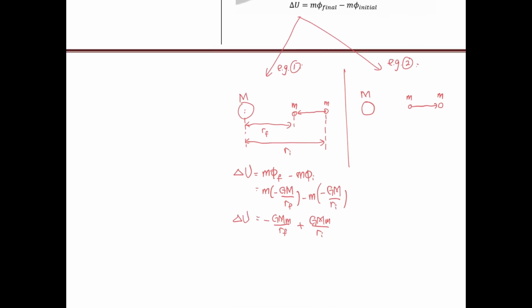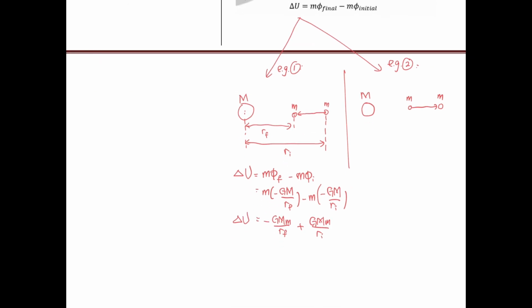Okay. What I am planning to let you see is I want you to predict whether this is going to be a negative value or a positive value. So imagine R final is small, R initial is big. So you have to imagine whether you will get a positive answer or negative answer in this case. So if R initial is big, then this whole fraction will be small.